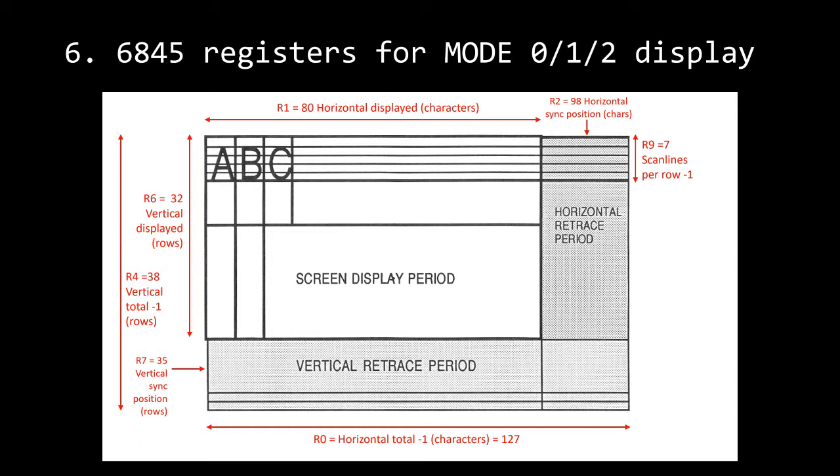On the Beeb, we have 256 vertical resolution, so that's 32 rows. And normally the vertical sync position, depending on whether you're a B or a Master, is usually 35, 34, something like that. And then normally, but again, I'll show you when this is not the case, our vertical adjust is just 0.